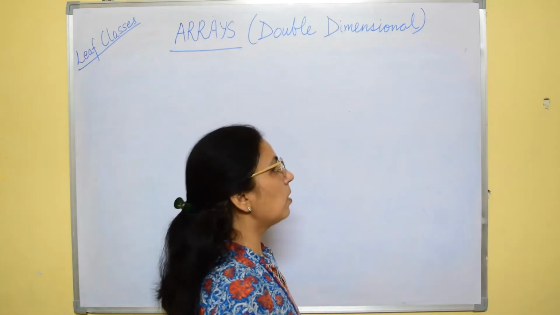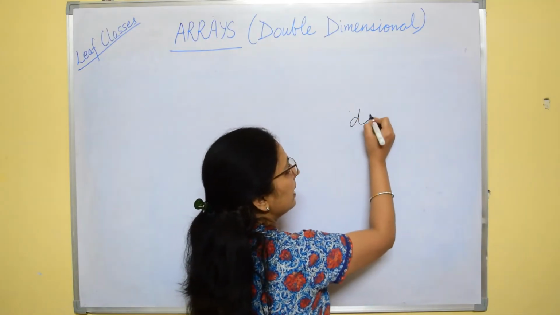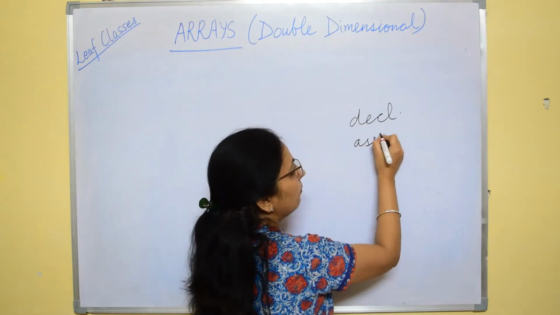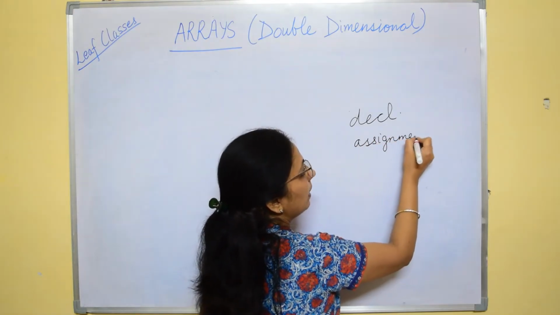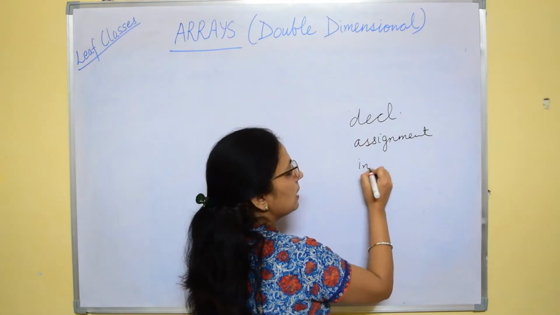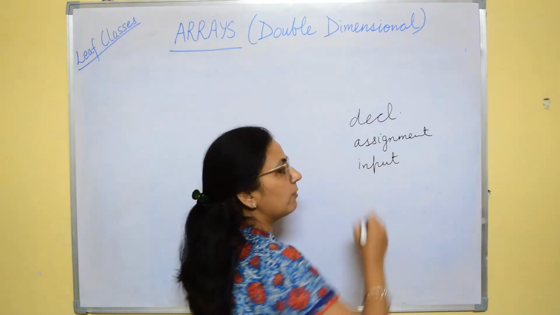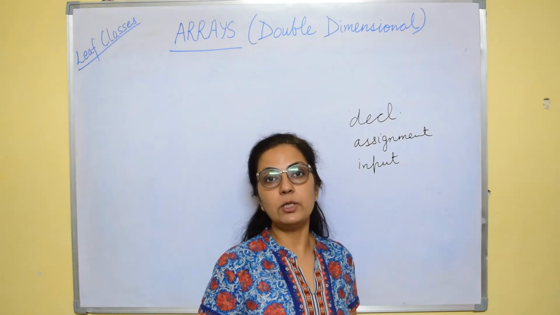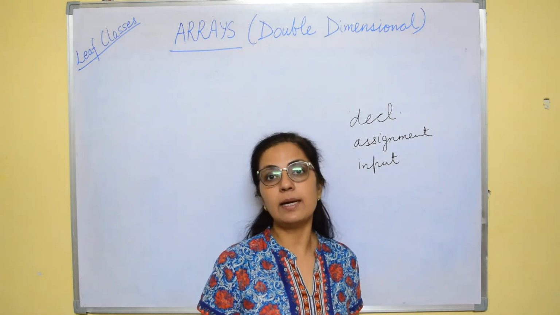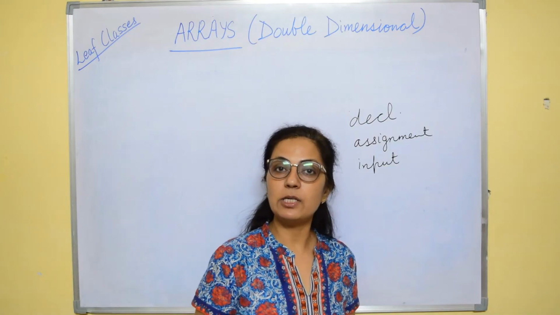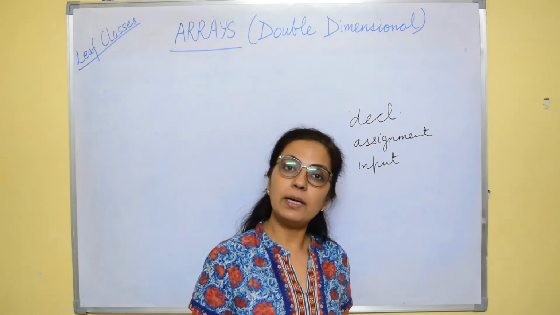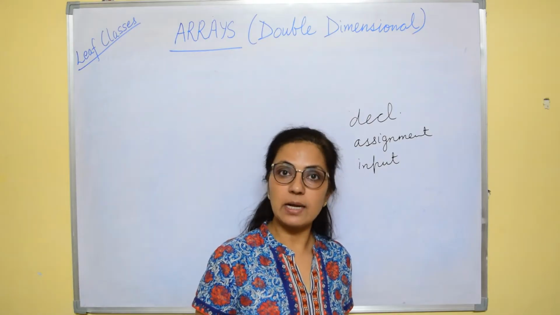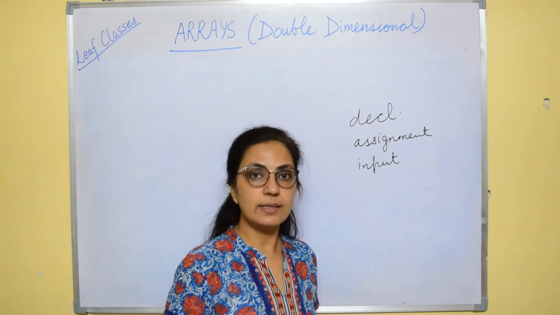So just now we have done declaration part, we have done assignment, and input method we have seen how to give the values in a double dimensional array. Now we'll be doing accept the values in double dimensional array and printing the sum of all the elements, row wise sum and column wise sum.